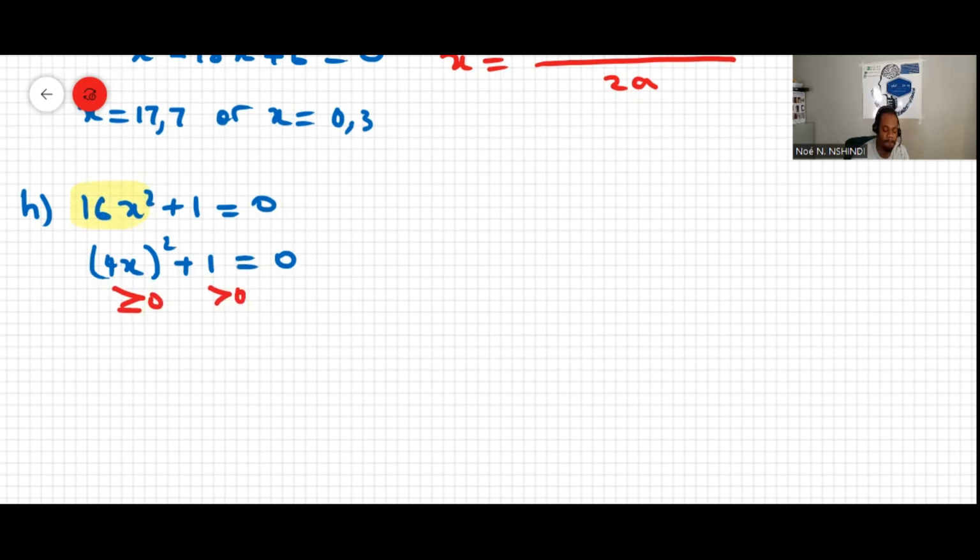Now this will make the sum of the two greater than 0. Now here it says equal to 0, so the solution here will be no solutions, because 0 is not greater than 0. So we say here no solution. Okay, no solution.